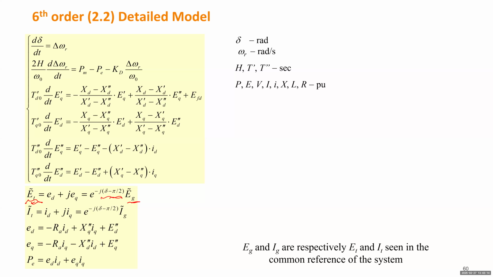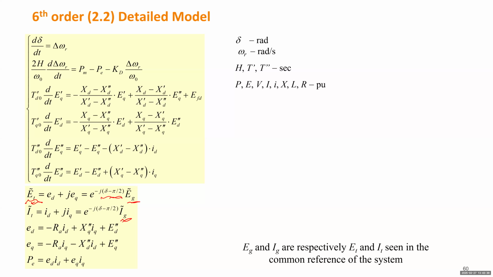So that imaginary number will indicate some angle you want to change. So EG is same as ET, but it's just measured at a different frame. Okay. Similarly, you can have current also in that new frame. So EG and IG are basically just ET and IT, which are the same as the terminal voltage and current, but they are based on a common reference.